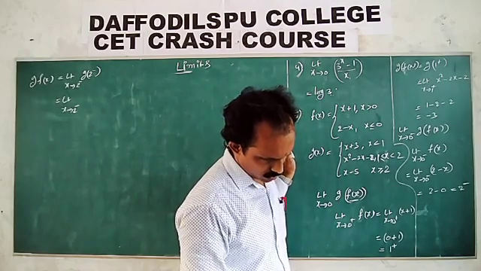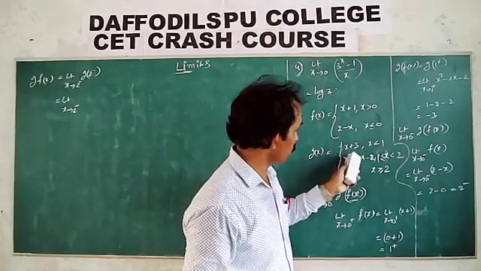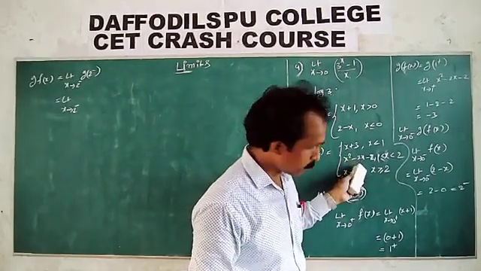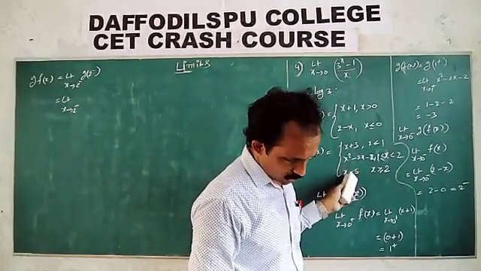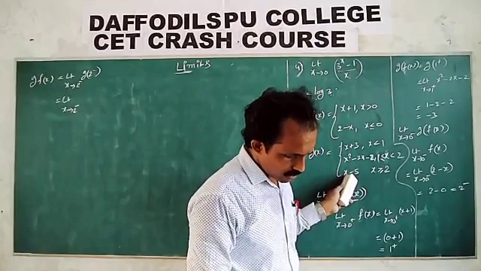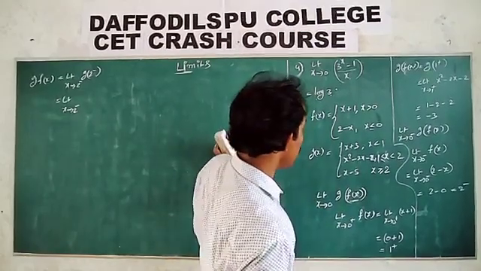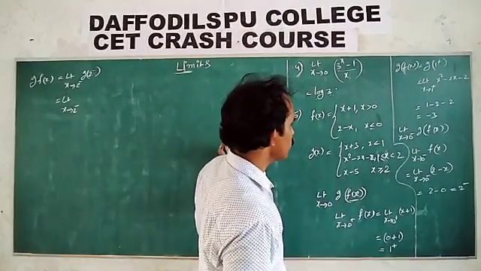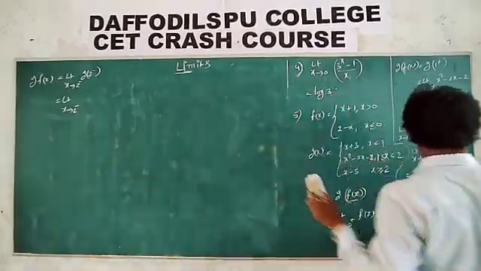This value: x plus 3, x square minus 2x minus 2, x minus 5. g of f of x at 0 minus. Clear?